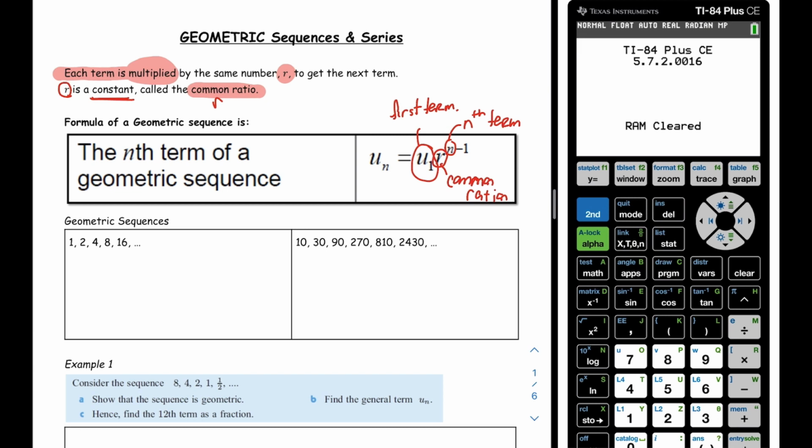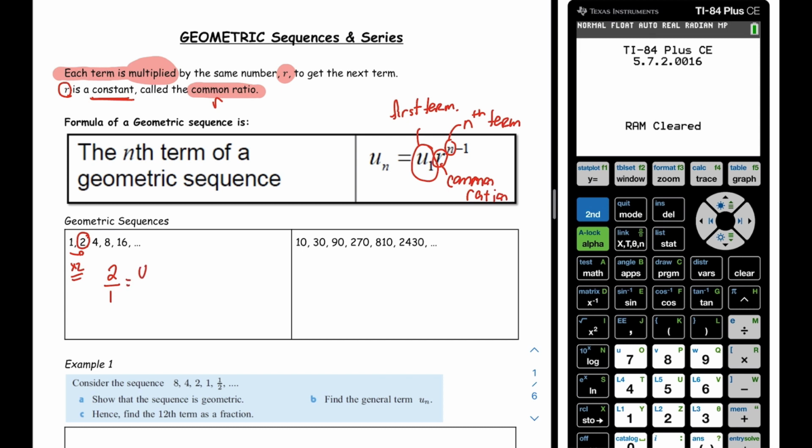So some common examples of geometric sequences are the ones that we have here. 1, 2, 4, 8, and 16. What we can notice is that every time we are multiplying by 2. One way that we can find the common ratio, if it's not as obvious, is we can always divide the term. So 2 divided by 1.